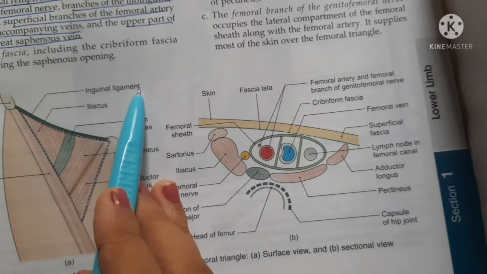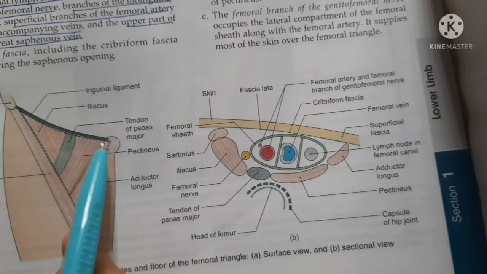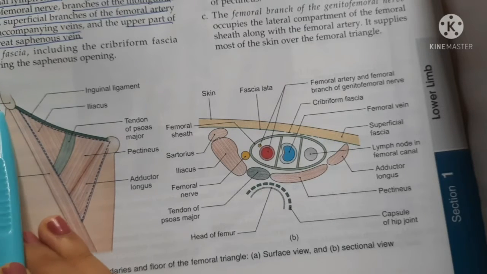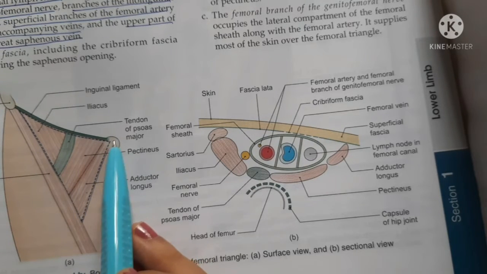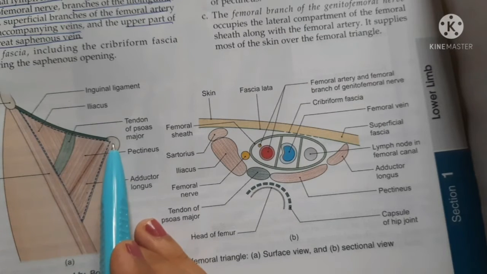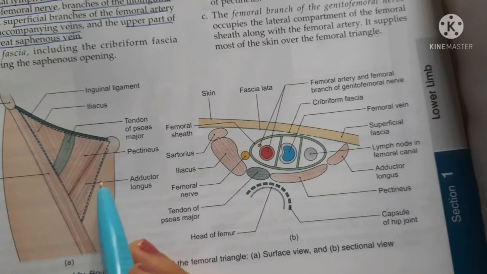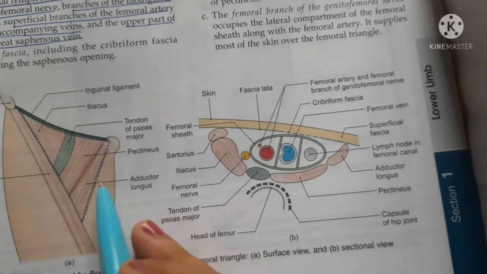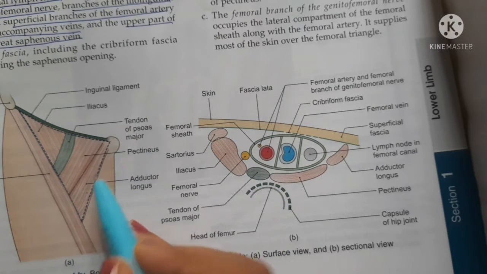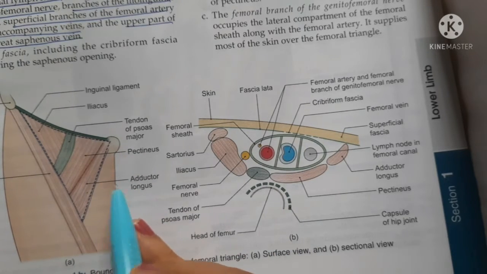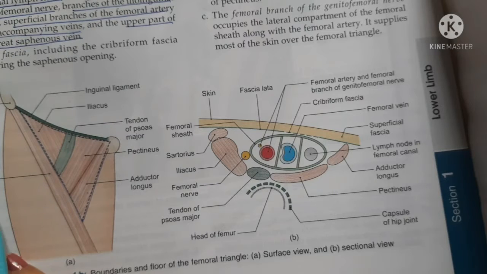And it is the inguinal ligament which extends from the anterior superior iliac spine to the tendon between this one. So the medial border is medial border of the adductor longus, and the lateral boundary is formed by the medial border of the sartorius muscle.